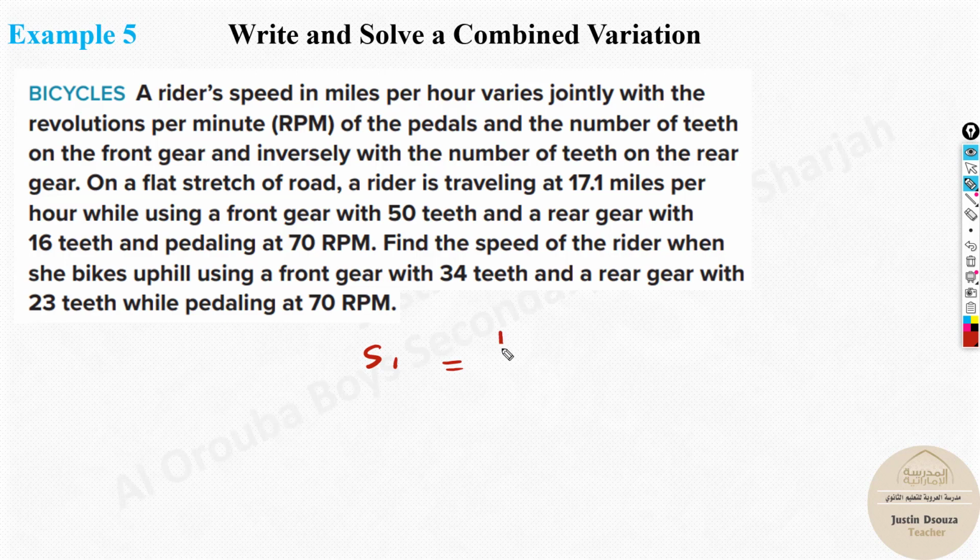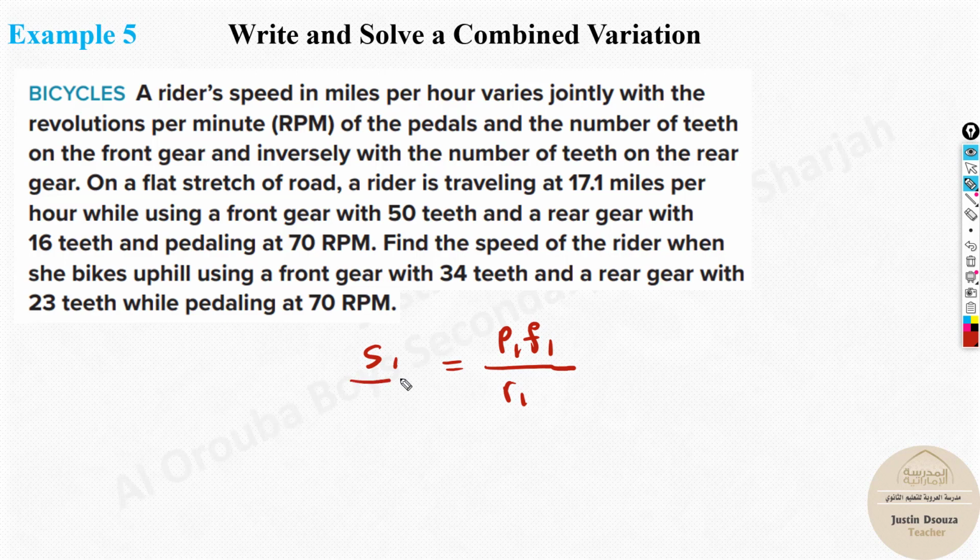I'll write pedal as P1 RPM, and the number of teeth in the front gear, front gear is F1. And inversely, that means it'll go down with the rear gear. Rear means backside, so it varies inversely with the number of teeth on the rear gear. I'll write it as R1. Okay, this is the relationship.